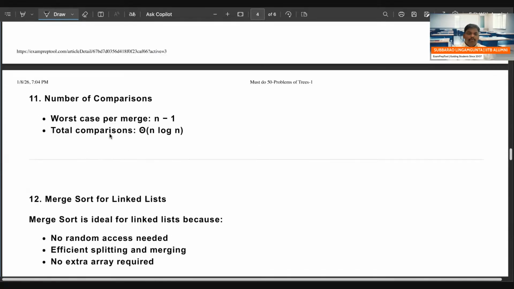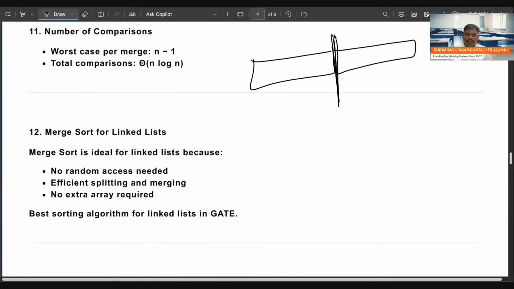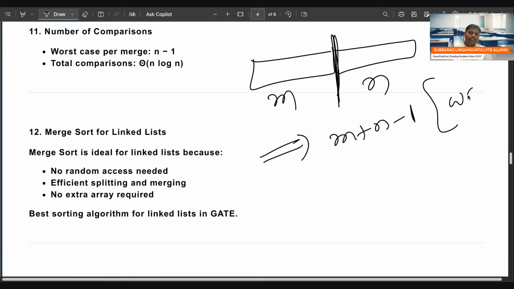Next, some people are asking, what about the number of comparisons? Whenever the merge algorithm is going on, left half and right half, you are comparing. Left has m elements, right has n elements. Every element needs one comparison, so m plus n comparisons, but for the last element no comparison, so minus 1. This is the worst case number of comparisons. What is the best case?